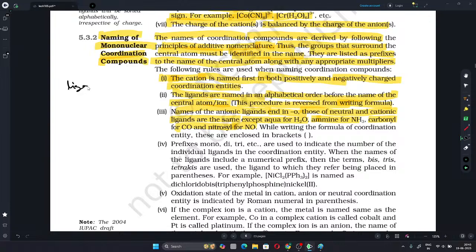Ligands are prefixed based on alphabetical order.